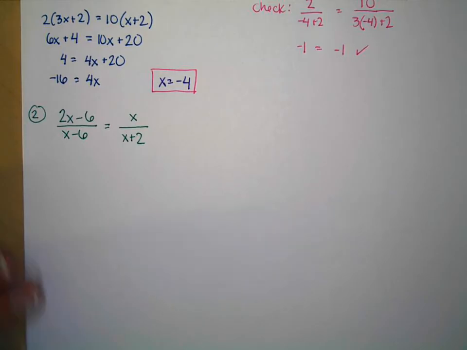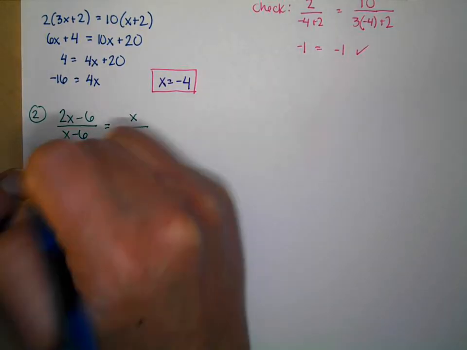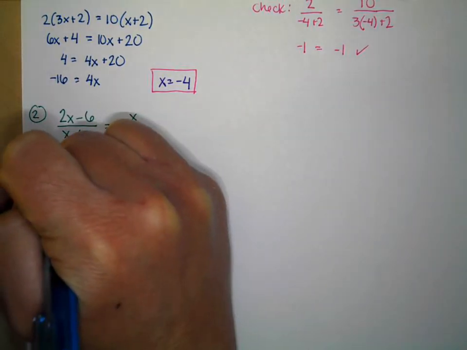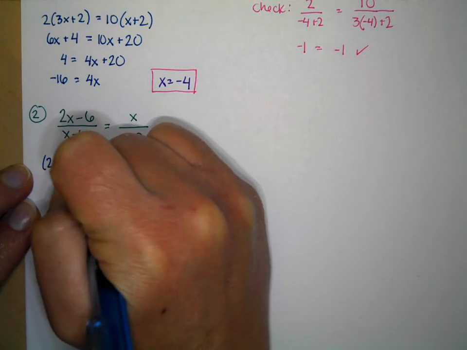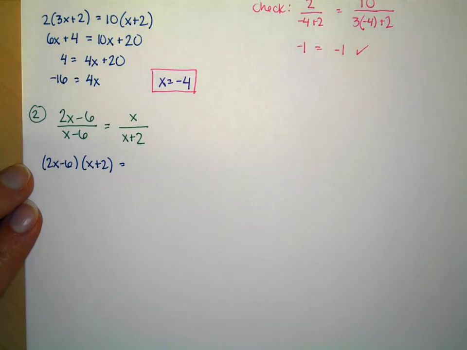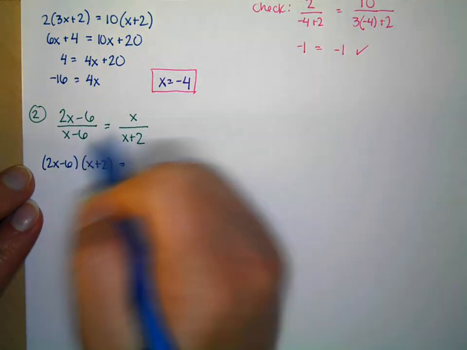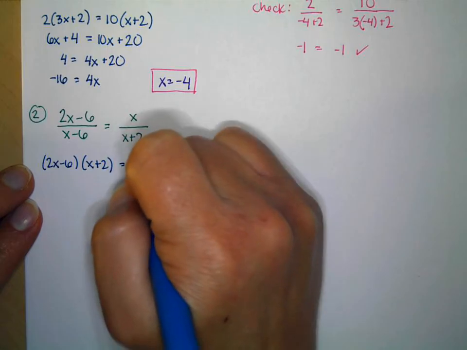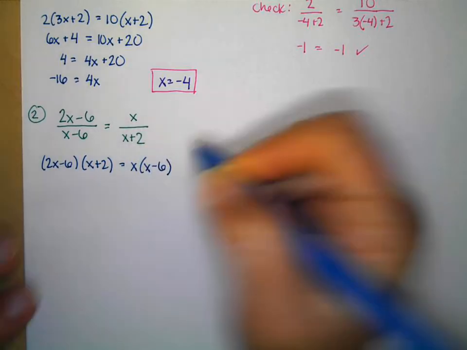So if we cross multiply from our first diagonal, we have 2x minus 6 times x plus 2 equals, pardon me, when we multiply our second diagonal, we have x times x minus 6.